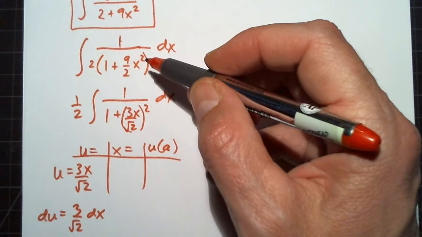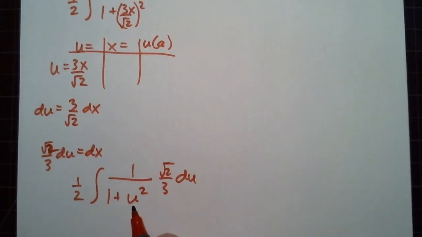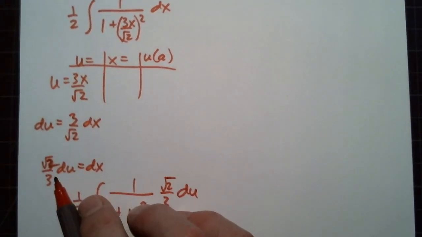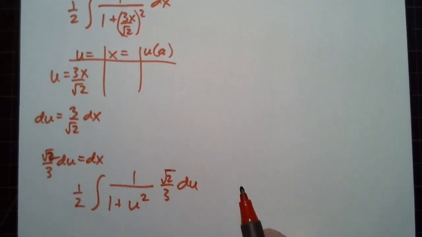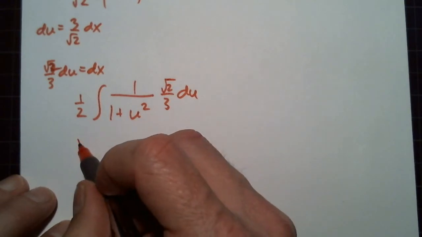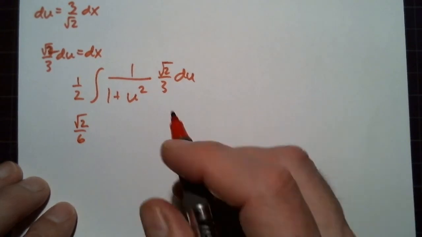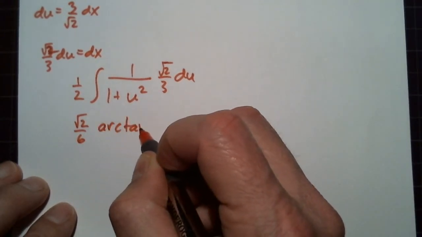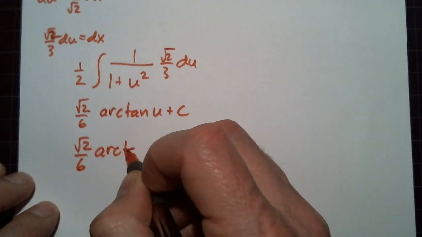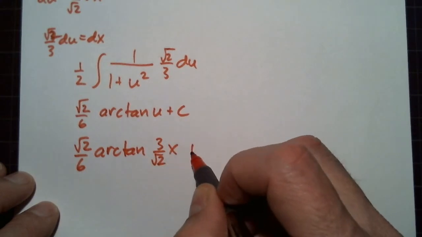We have 1 over 1 plus u squared, dx is radical 2 over 3 du. And now we can put that on the outside. That'll be radical 2 over 6. This is the derivative of arctangent. So now we have arctangent of u, and u was 3 over radical 2 x, plus c.